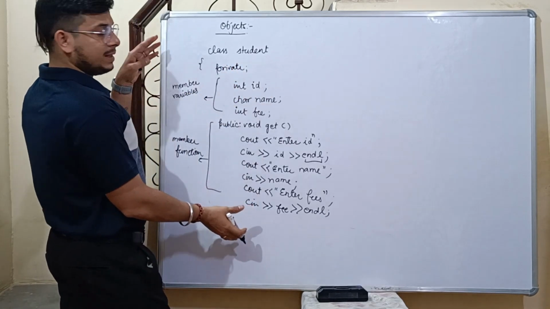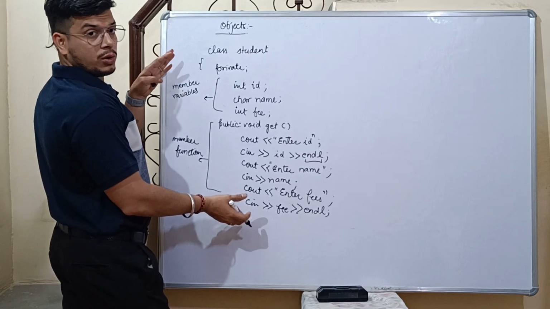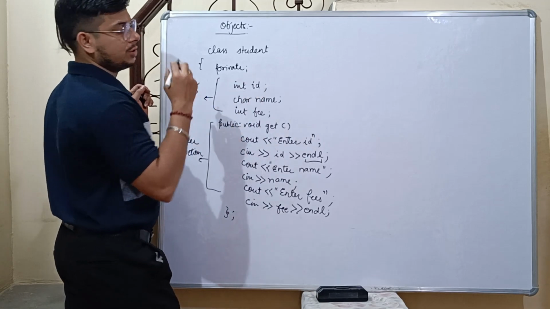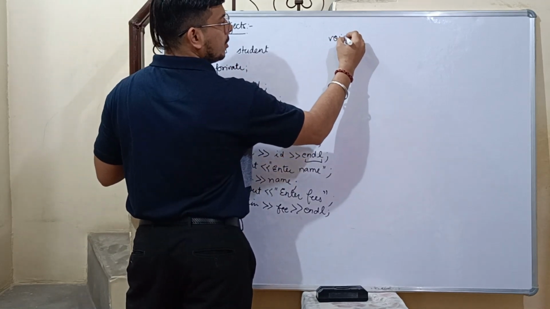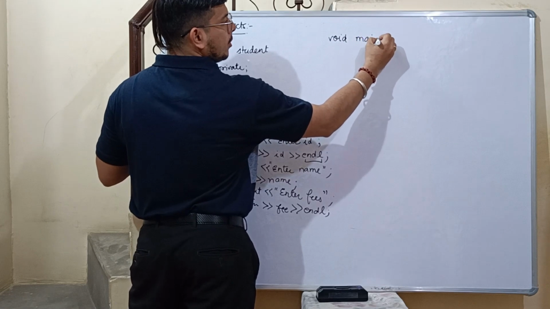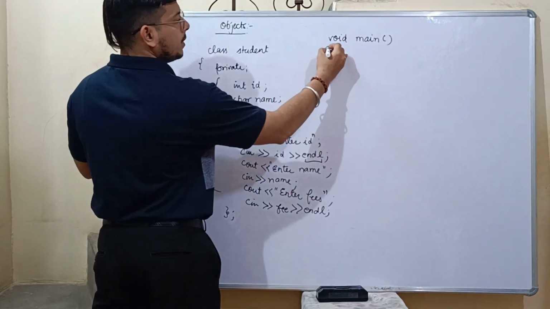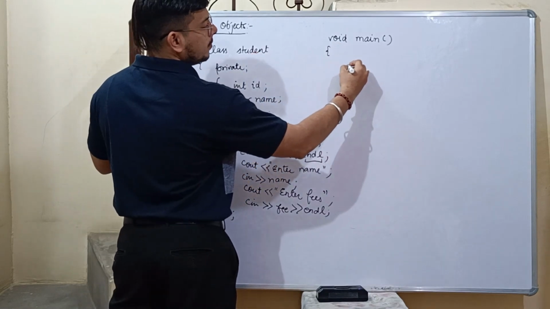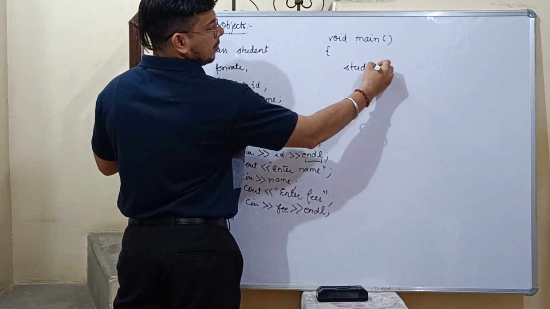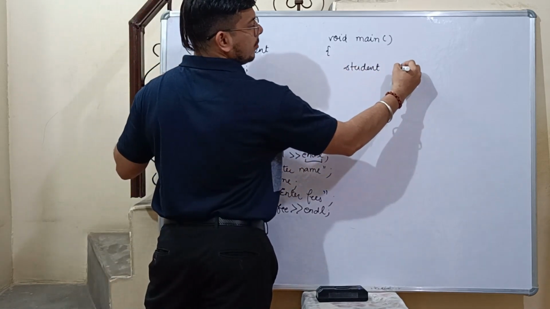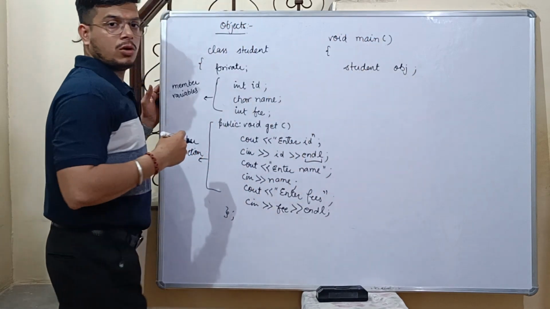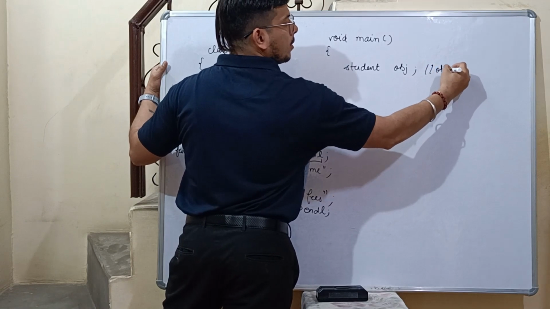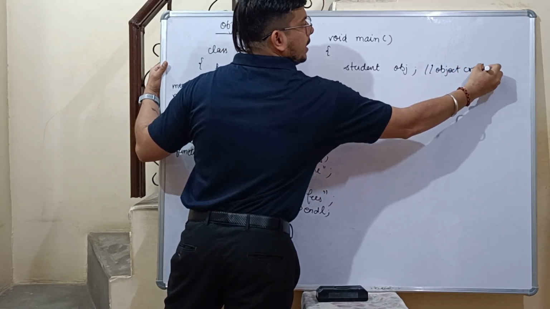Now to access this class, what do we need to do? We need to create an object to access this function. I have created an object: class name and object name. This is what object creation is.